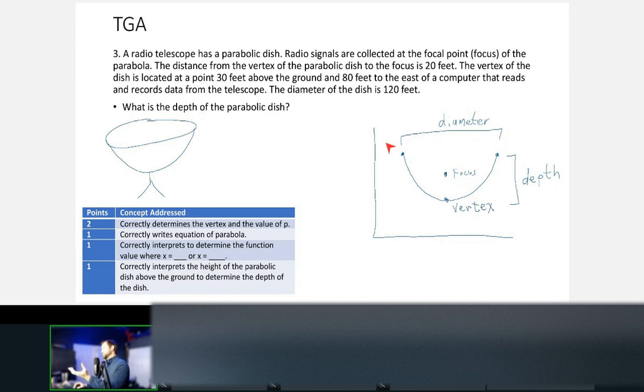I don't ask you to find the equation of this hyperbola, though you may do that in order to get to this final conclusion. You might actually just happen to derive it, not because you have to, but because you need to. But the final answer says, what's the depth of this parabolic dish? I also included the rubric to make sure that you hit every single point if you want full credit. So make sure you do this.